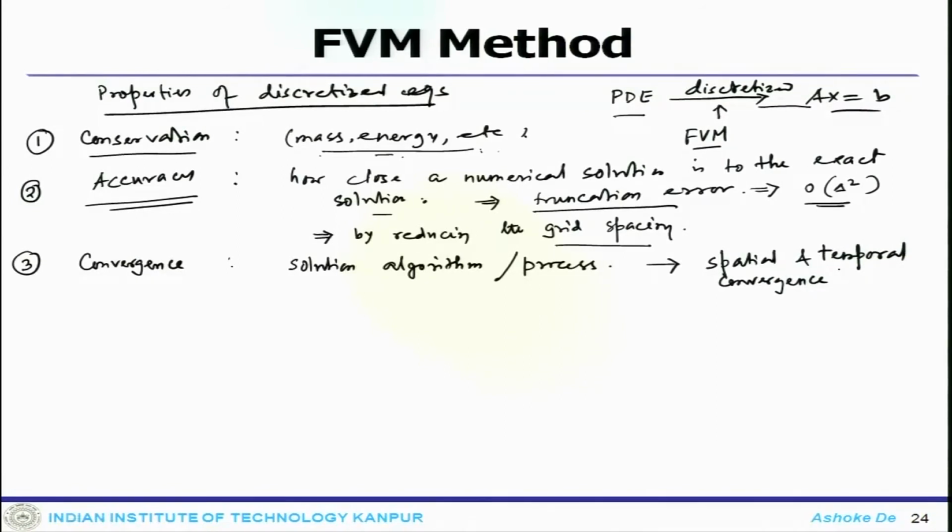Now, the fourth property, which is again going to be very important, is the consistency of the system. That essentially is about when you approximate your PDEs to an algebraic equation, how consistent it is.